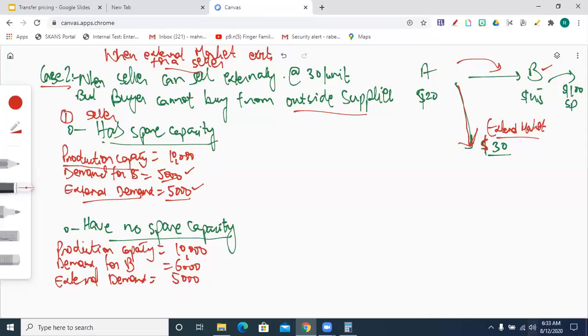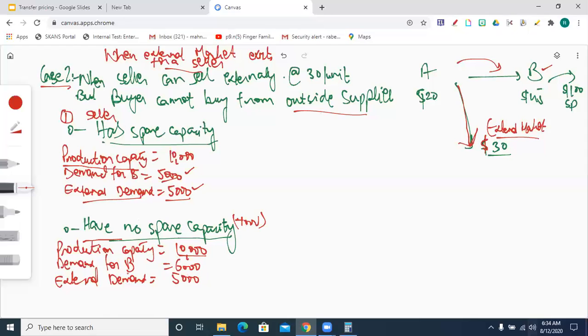But at times there are capacity limitations. For example, the production capacity is still the same, 10,000, but here the demand for B has increased from 5,000 to 6,000, and the external demand is the same at 5,000. So now that makes 11,000 in total. However, the production capacity is only 10,000, so there is a 1,000 shortfall. So what would happen now?